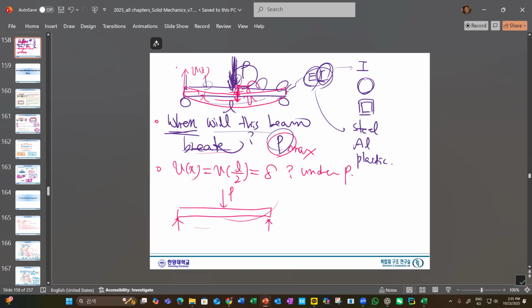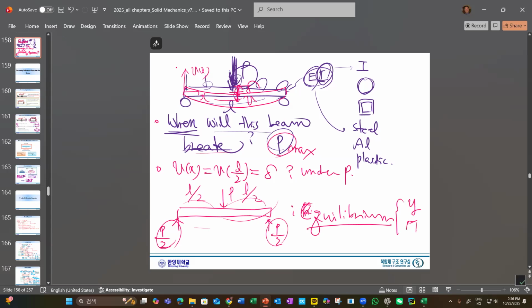Simply, half of the P can be supported at each end, because this is the same length, L over 2 and L over 2. So with this, this will be in equilibrium. Equilibrium means Y equilibrium and moment equilibrium.